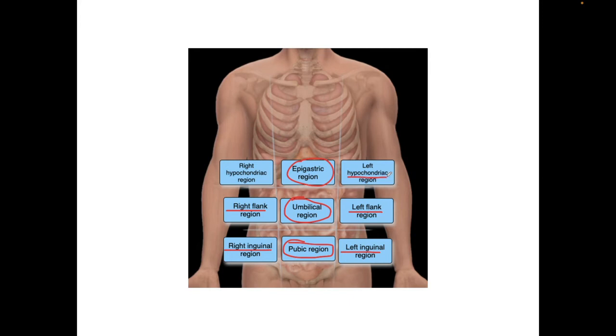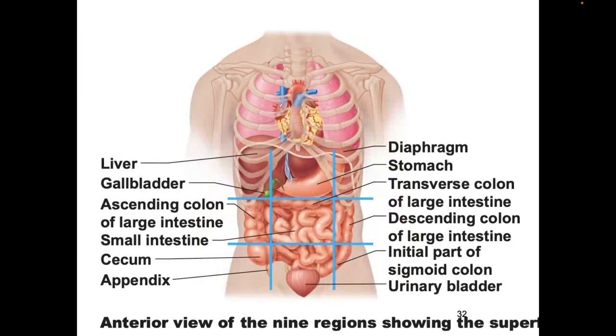And then a left hypochondriac, again, chondria, chondro, cartilage, rib cartilage, and then a right hypochondriac. Okay. And then again, here's your tic-tac-toe sign for the 9 regions. And then again, you can see that you have different organs in these different regions.